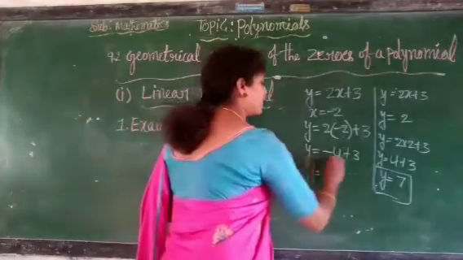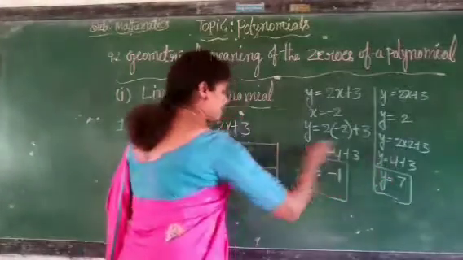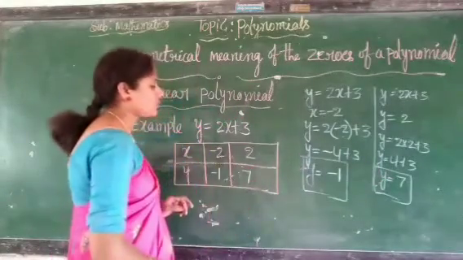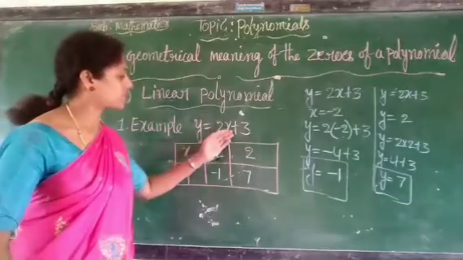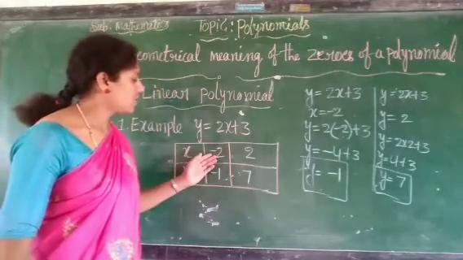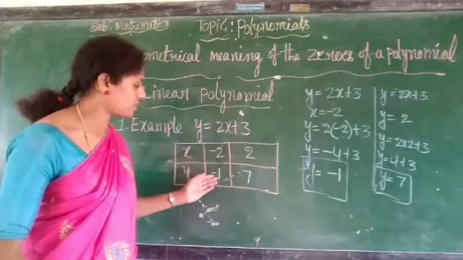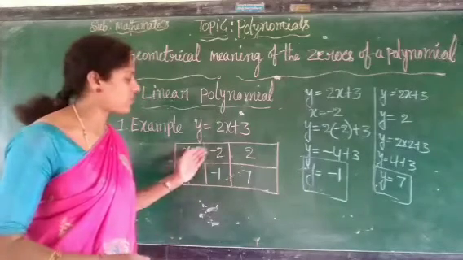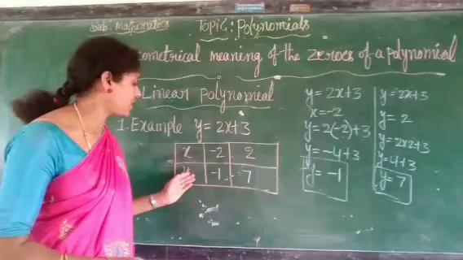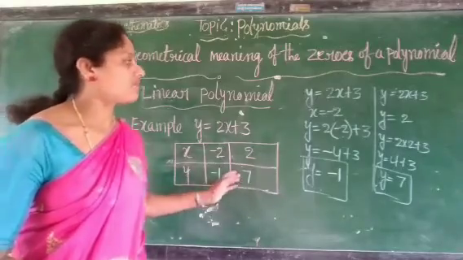The first value of y is minus 1, and here the value of y is 7. So for y is equal to 2x plus 3, the x coordinate is minus 2 when y is minus 1, and when we take the x value of 2 we obtain y is equal to 7.